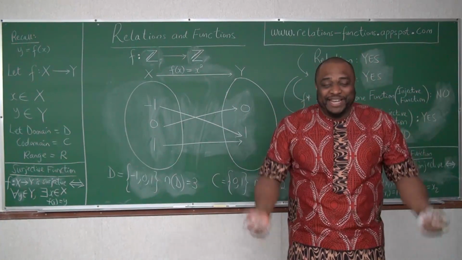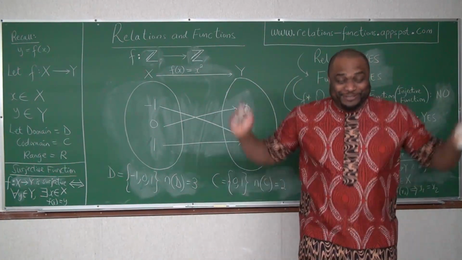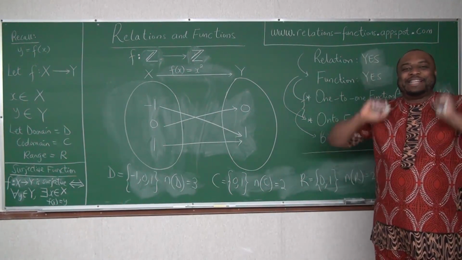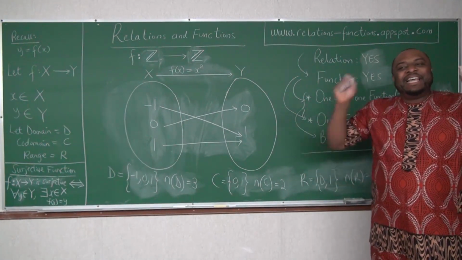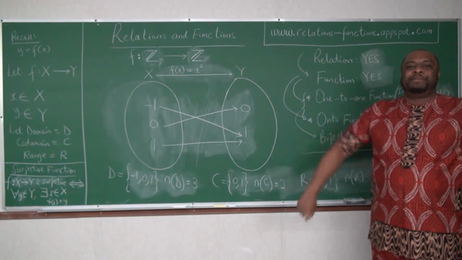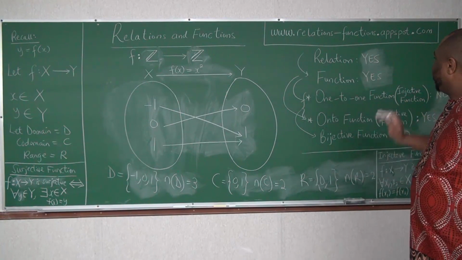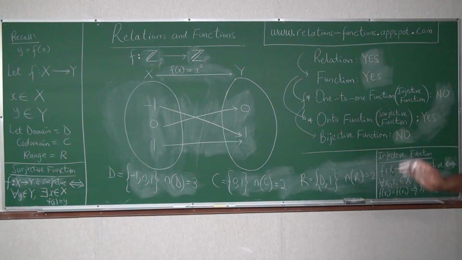Every human being is an image of God. There you go, good example. Every human being, that's a good example for it. Okay, so does this make sense? It makes sense, right?